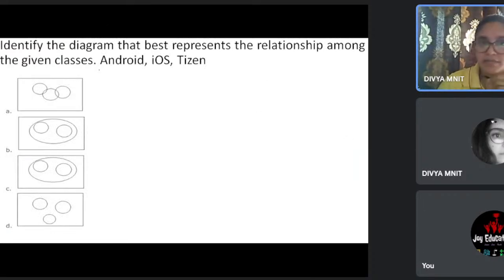So the relation between Android, iOS and Tizen.